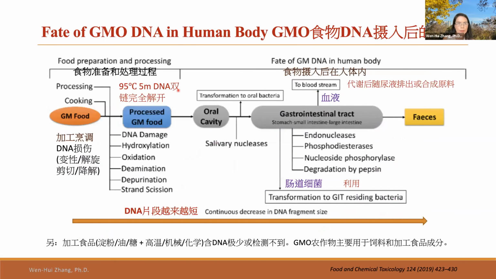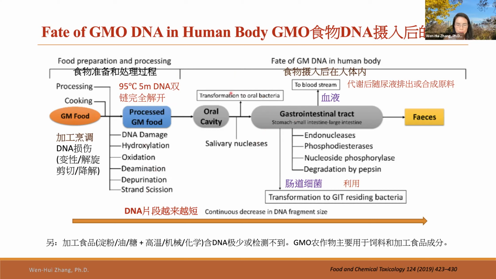So that's the GMO DNA, because the GMO basically is just DNA that's foreign. So what happens to the foreign DNA in GMO food when it's consumed by the human body? The DNA is damaged and degraded during food processing.